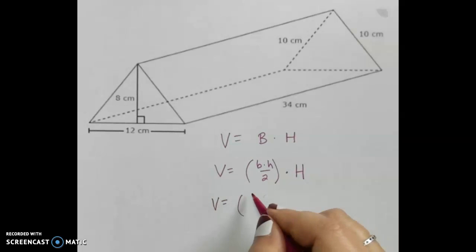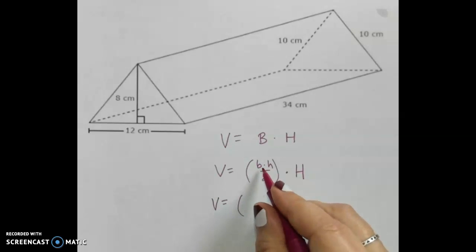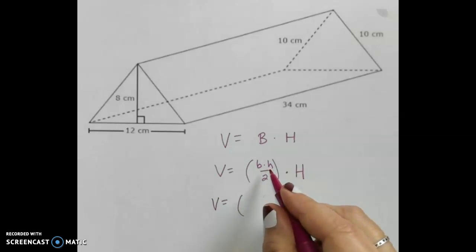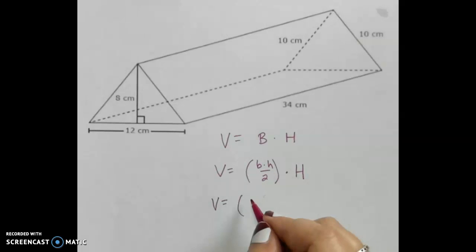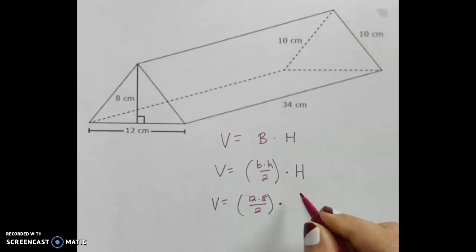This time I am substituting in base, lowercase b and lowercase h. They're the two that come together and form the right angle within the triangular face. So that is 12 times 8. And capital H, the distance between our triangular sides, is 34.